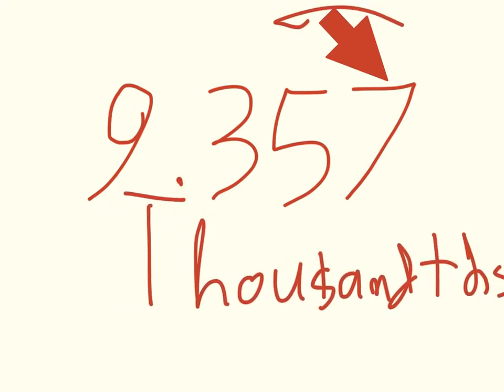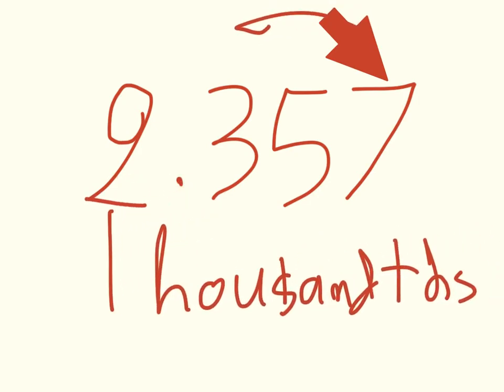So as you see, at the end of each of them there's TH, because it is behind the decimal, which is right here. Everything above it is whole numbers. Everything behind it ends with TH.